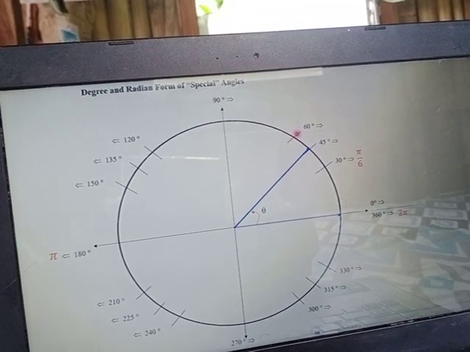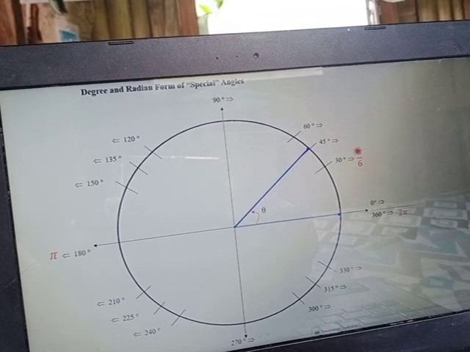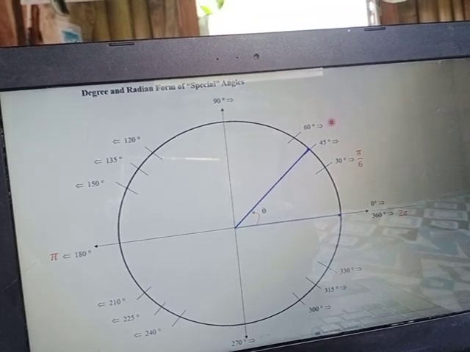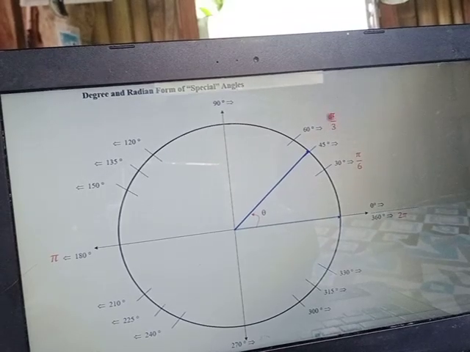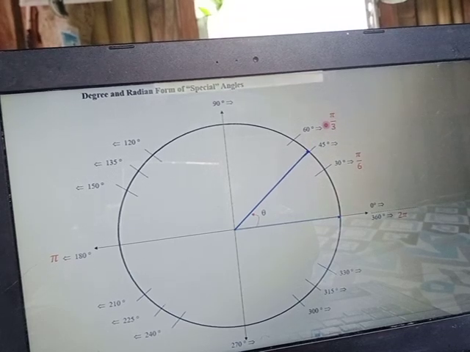If this is pi over 6, so simply we have 60 degrees is equivalent to 2 pi over 6, which you will have to simplify, which is pi over 3. So why is it 2 pi over 6 simplified to pi over 3? You will have to divide 2 by 2, which is 1, so simply we have pi. And then 6 divided by 2, which is 3. So therefore, this is pi over 3.